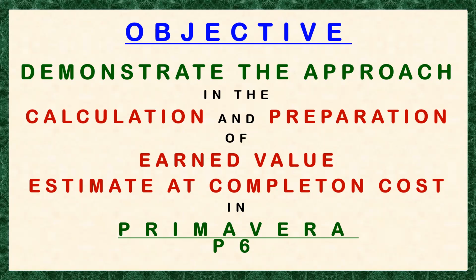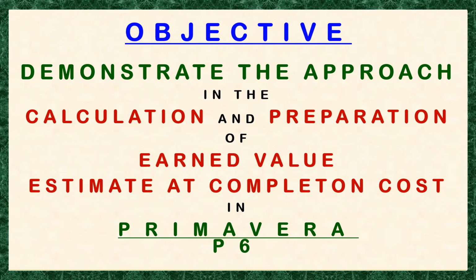So after we finish our performance report, meaning that we were reporting on how our effort was done during the current period, our task now is to forecast or project the effect of our performance.